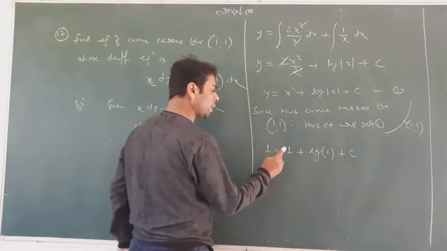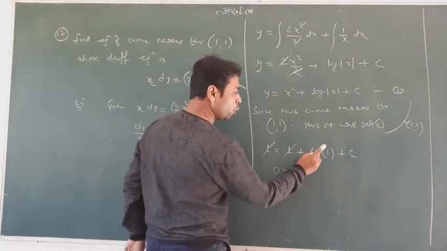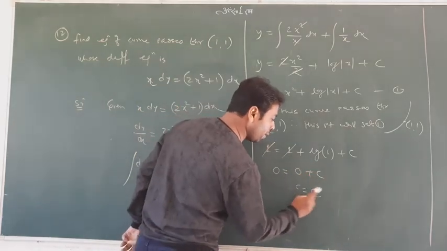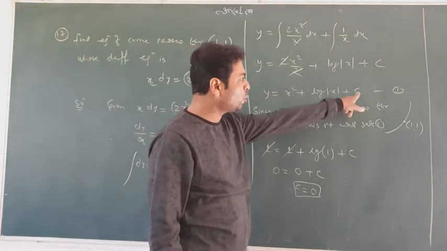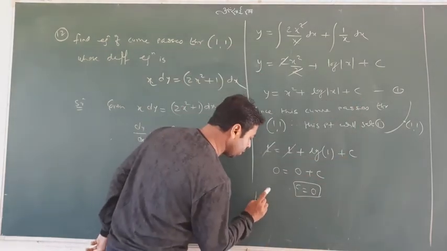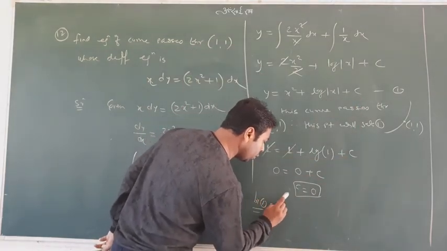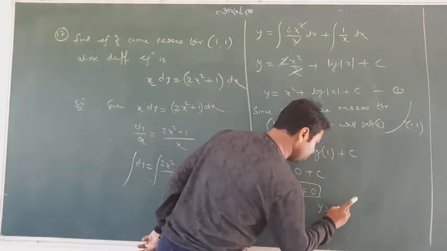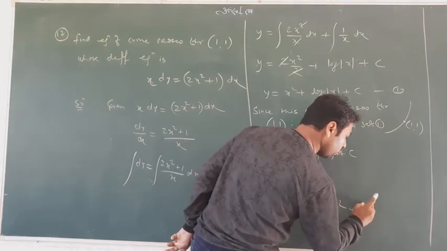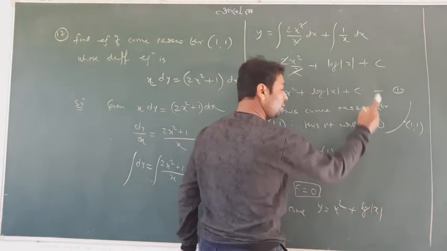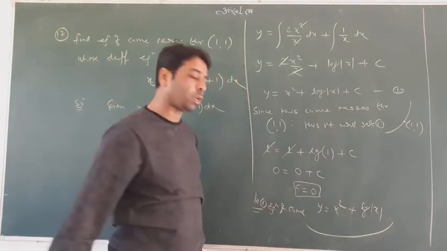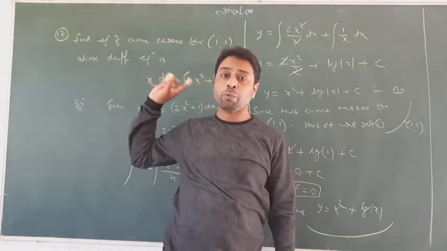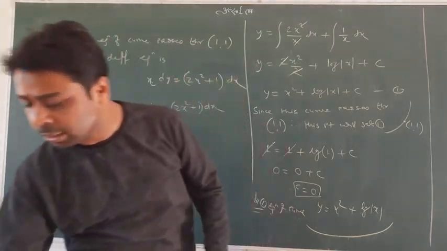One can understand that 1 and 1 cancel. Log 1 is itself 0. So c is equal to 0. We have got the value of c. So we will put c here and write the answer. The equation of the curve is y is equal to x square plus log x, since c is 0. So whatever the answer will be, it is the equation of the curve that we were told to find out. So easy it is.